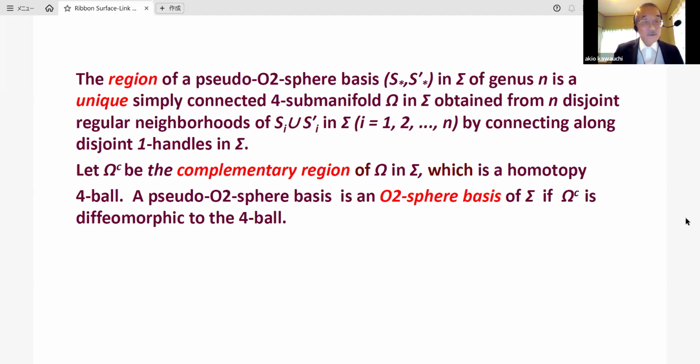Let Omega^c be the complementary region of Omega in Sigma, which is a homotopy 4-ball. A pseudo-orthosphere basis is an orthosphere basis of Sigma if Omega^c is diffeomorphic to the 4-ball.